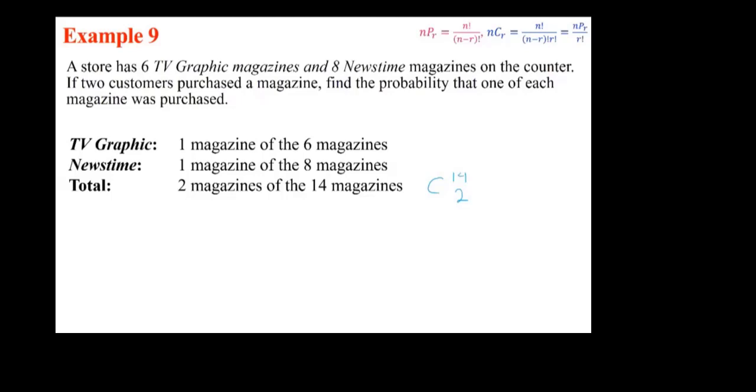For the first one, you have 6 outcomes. For the second one, you have 8 outcomes, meaning to get the first one is the combination of 6 choose 1, and by the way, it becomes 6. And the other one is the combination of 8 choose 1, and it becomes 8.